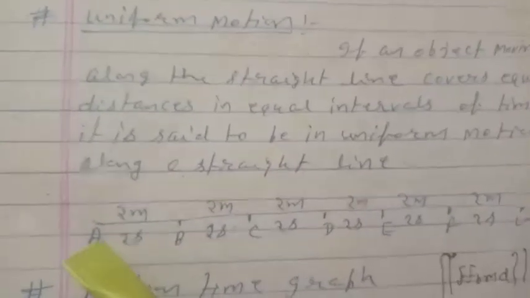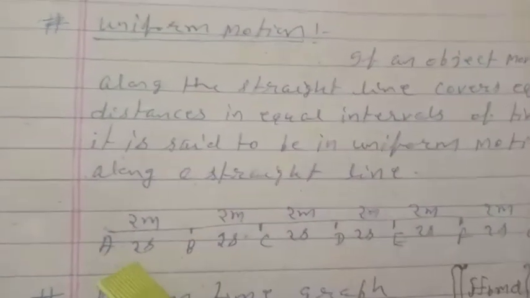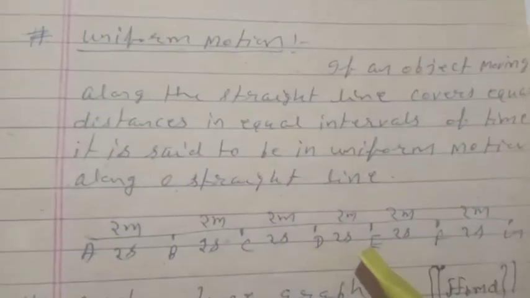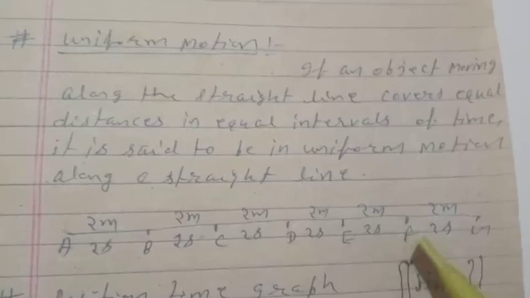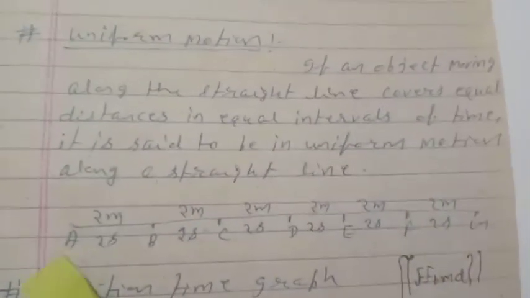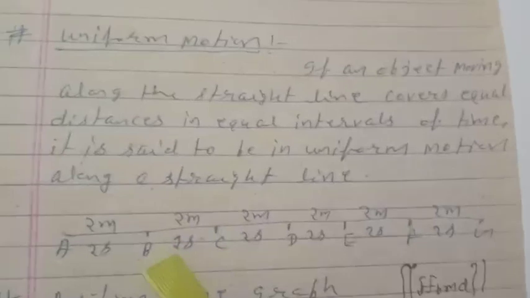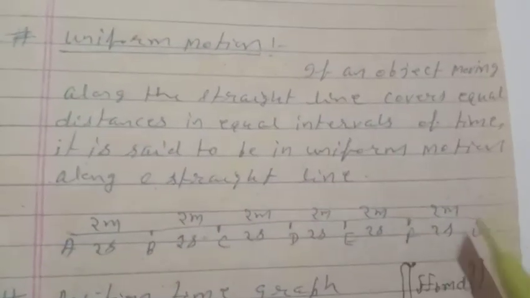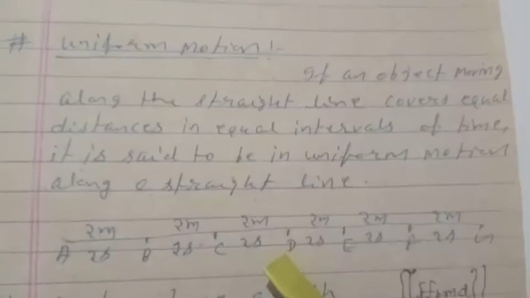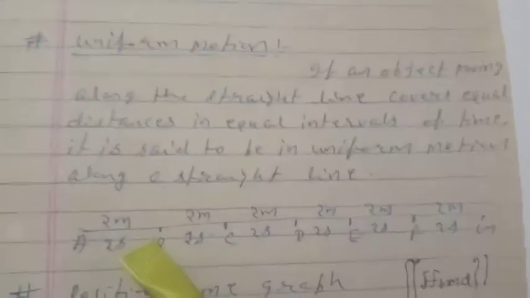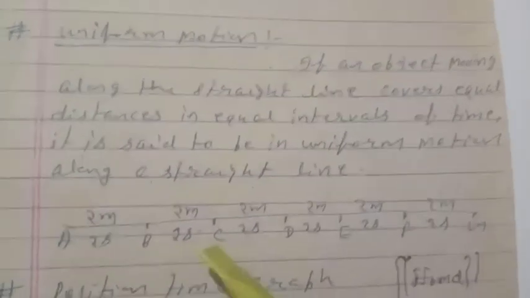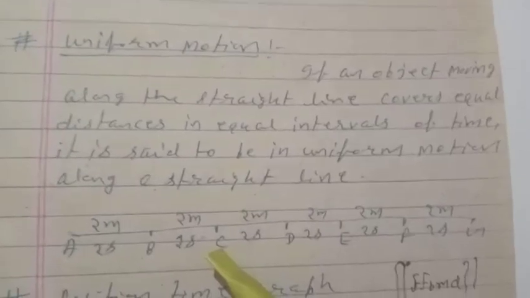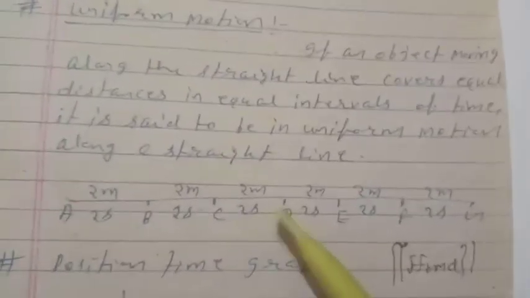Consider a body or particle moving from A to B in 2 seconds, also from B to C in 2 seconds, and C to D, D to E, E to F, and F to G in 2 seconds each, so the body goes from A to G. Then the motion from A to G will be called uniform motion, because in equal intervals of time it travels equal distances. From this it is clear why we call this uniform motion.